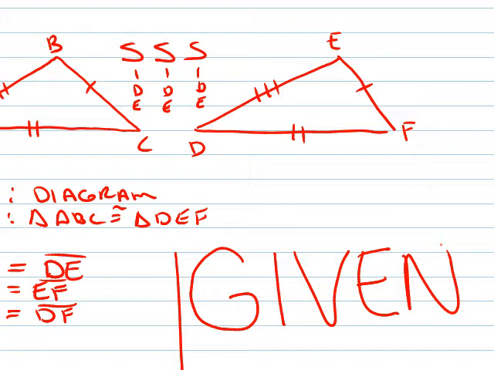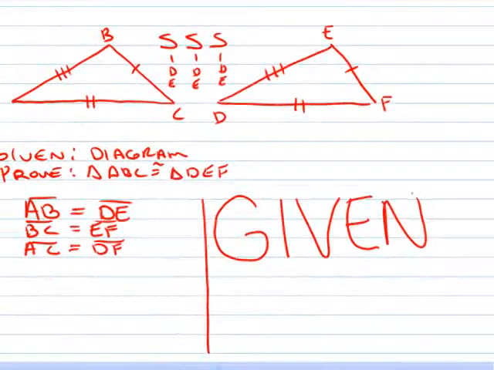To use side, side, side as a reason in a proof, you have to first state three pieces of evidence, because this is kind of like it's on trial for being congruent, and you're proving that. So you have to state all the evidence: AB is congruent to DE, BC is congruent to EF, AC is congruent to DF.